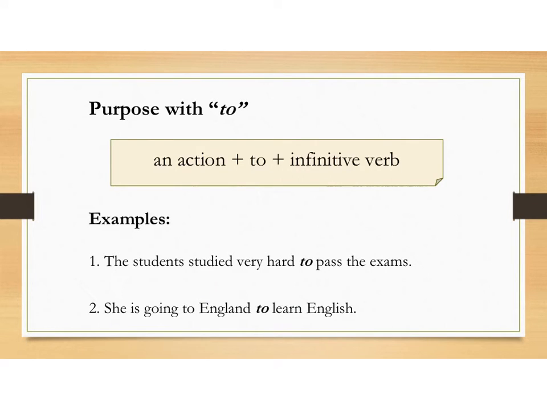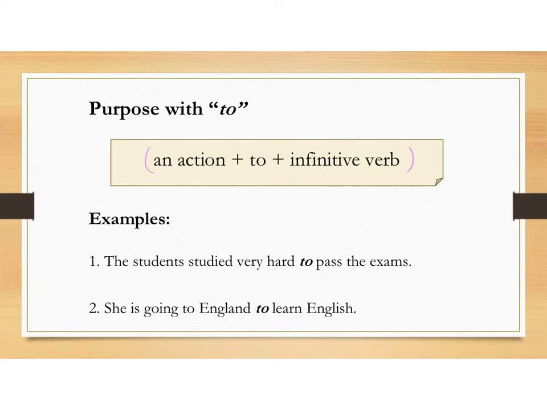Apart from using the connectives of in order to and so as to, we can also use the connective to show the purpose. And the structure would be an action plus the connective to and then followed by the infinitive verb.